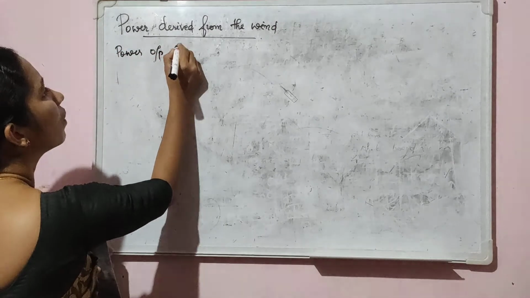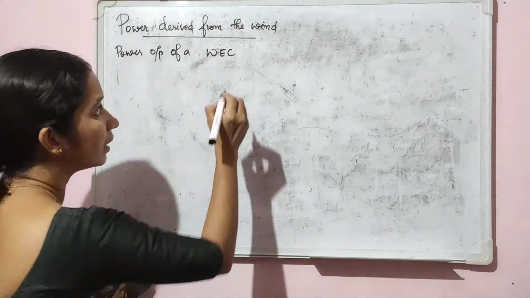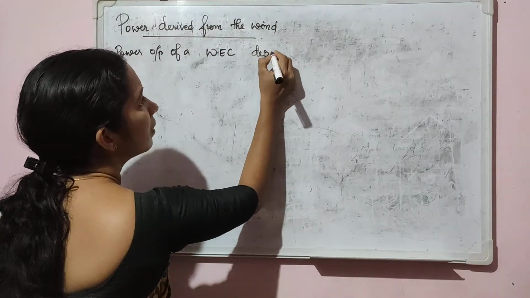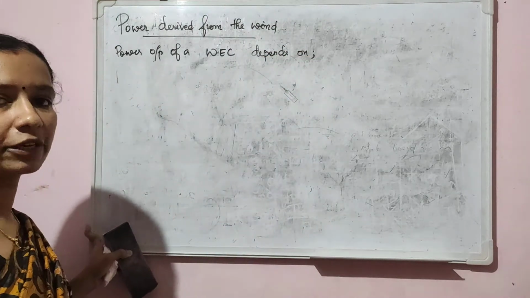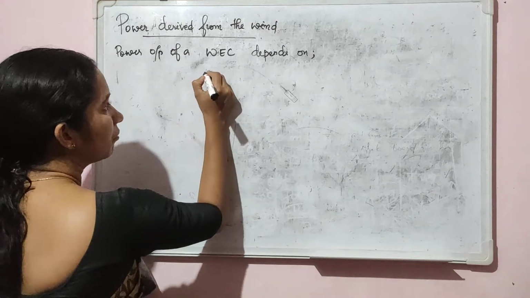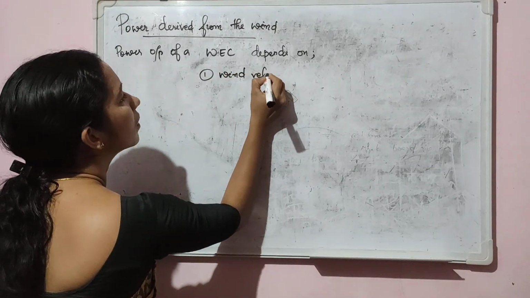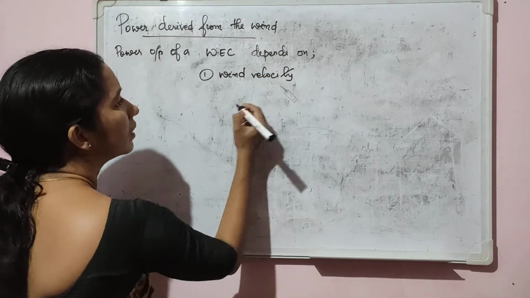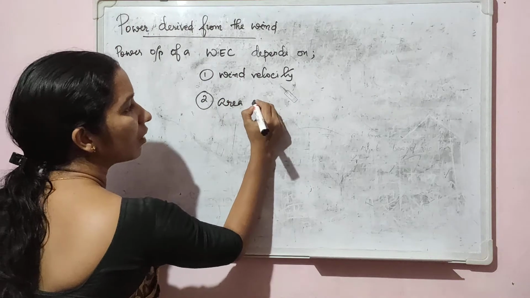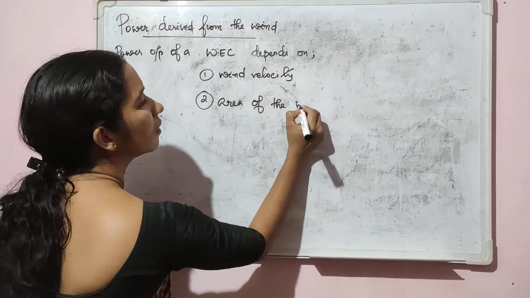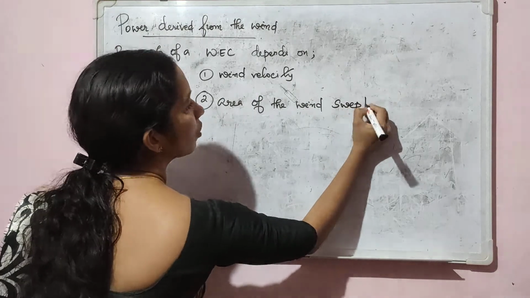Power output of a wind energy converter depends mainly on three factors. First one is the wind velocity. Second one is the area of the wind swept by the turbine rotor.